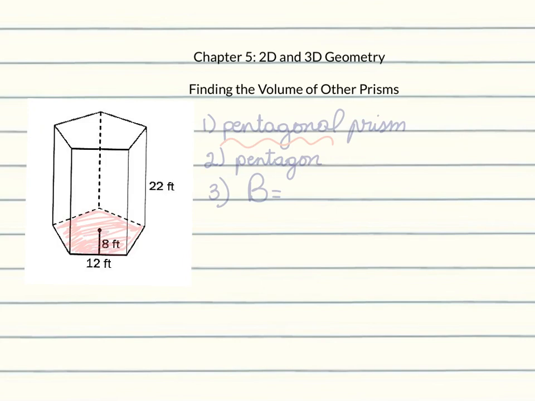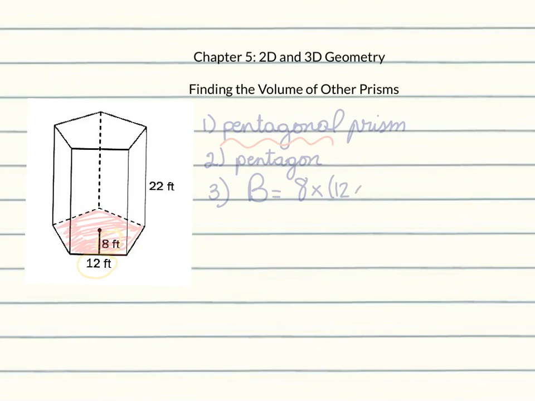As you can see here, the apothem is given to us, which is 8 feet, and we have 12 feet for the length of each side. So all the dimensions are given. We can find the area of this base. It is the apothem, which is 8, multiplied by the perimeter. We agreed that the perimeter is the length of one side multiplied by how many sides we have.